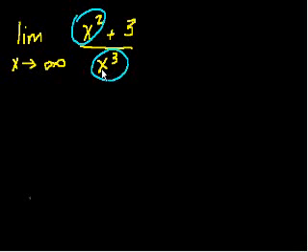So this denominator, as you get larger and larger values of x, is going to grow a lot faster than that numerator. So you could imagine if the denominator is growing much, much faster than the numerator, as you get larger and larger numbers, you're going to get a smaller and smaller fraction, right? It's going to approach 0. And so as you go to infinity, it approaches 0. I know I kind of just hand waved, but that's really how you think about it.